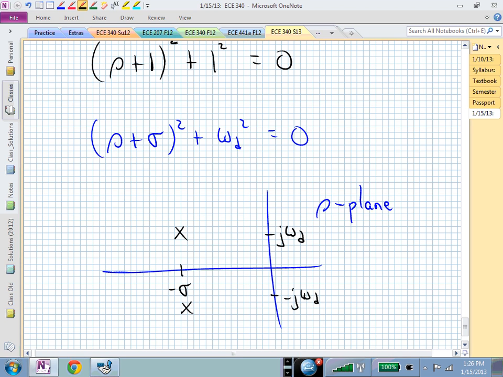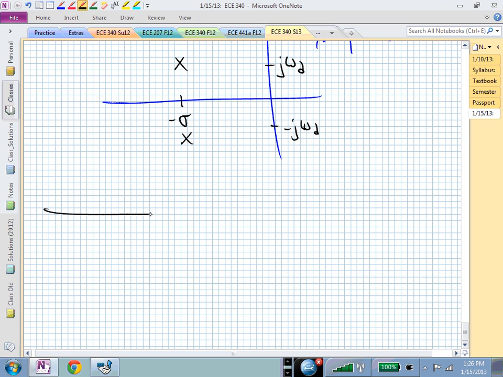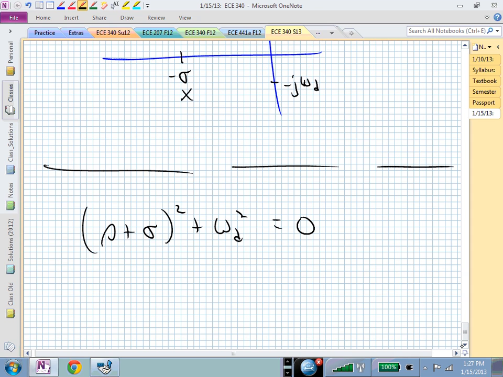And you can show that if I have some denominator polynomial that's factored like this, that will lead to, if you replaced s with minus sigma plus j omega sub d, that will vanish. And if you let s equal minus sigma minus j omega sub d, that will also cause that expression to equal 0. So those immediately tell me where those poles are located when they're complex conjugate pole pairs.